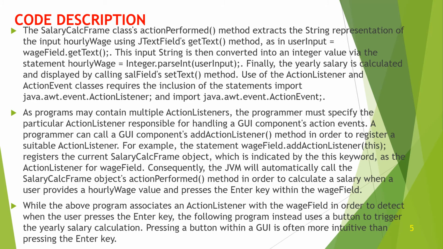One program can call a GUI component's addActionListener method in order to register. The Java virtual machine will automatically call the actionPerformed method in order to perform whichever function is used in the program.